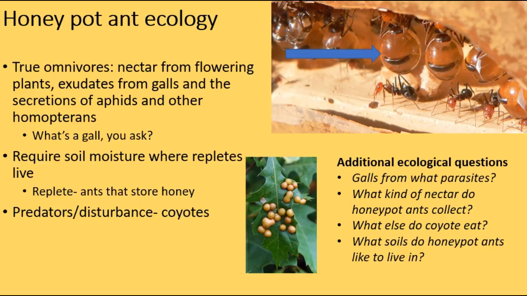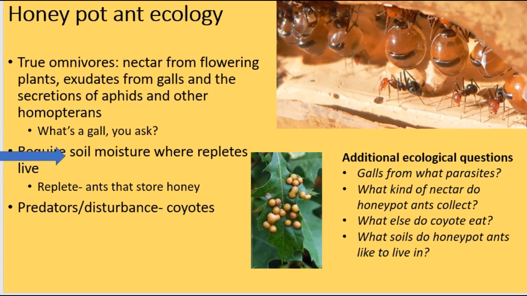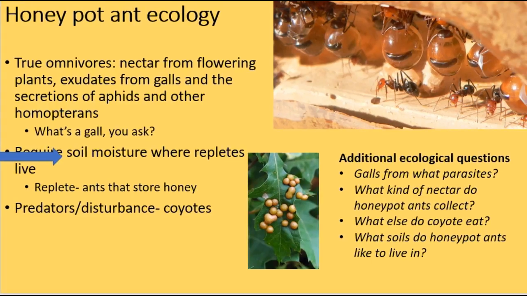Because these repletes don't move at all, they need to live in a place where there is soil moisture, okay? So we've had very droughty conditions for quite a while, and it could be that drought or the absence of moisture, one of the abiotic factors in our landscape, is contributing to the scarcity of the honeypot ants.